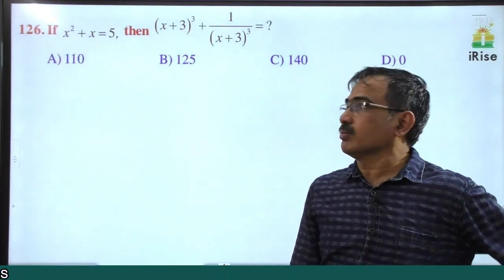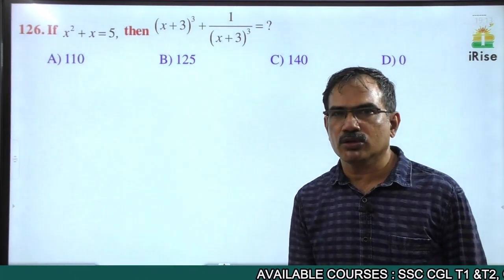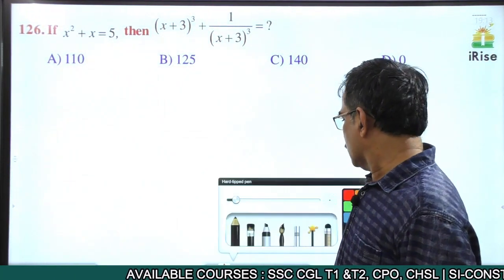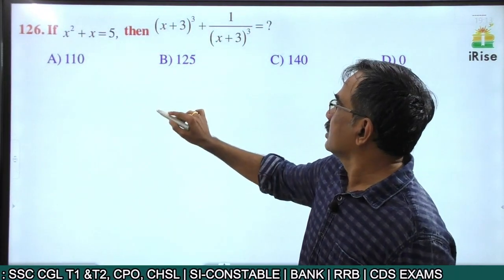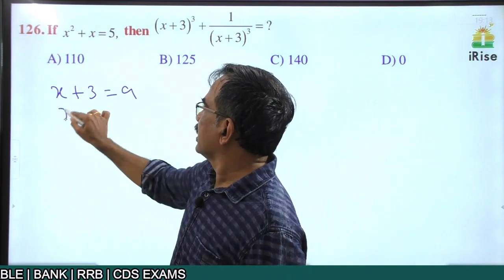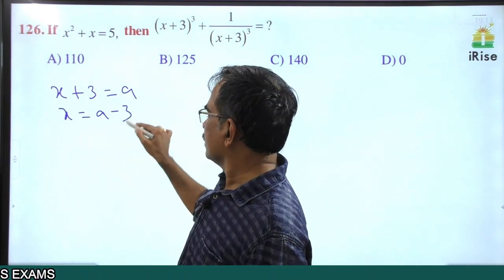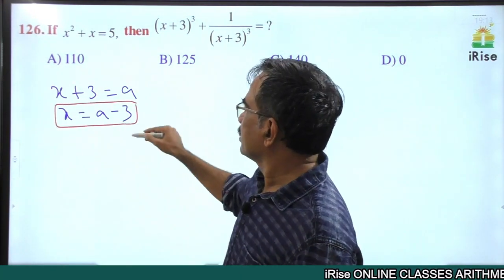If x plus 1 by x is 5, what is (x plus 3) whole cube plus 1 by (x plus 3) whole cube? Already this model is solved. First consider x plus 3 as a, so x is equal to a minus 3.